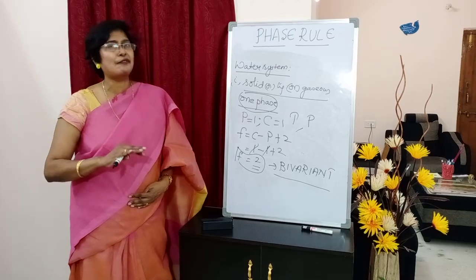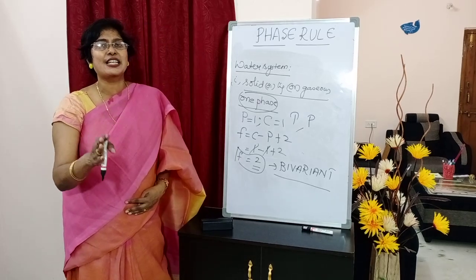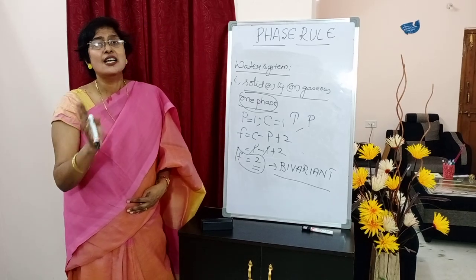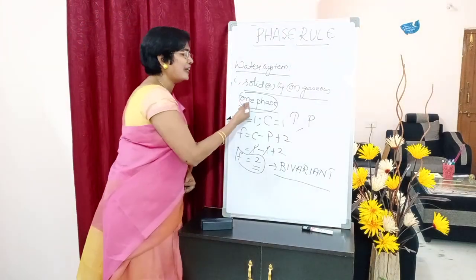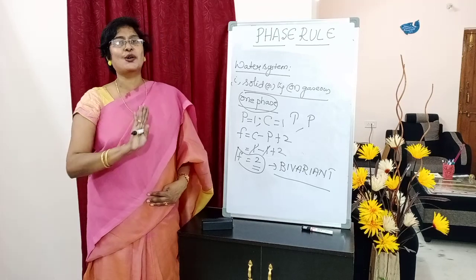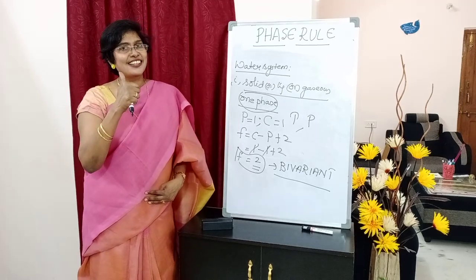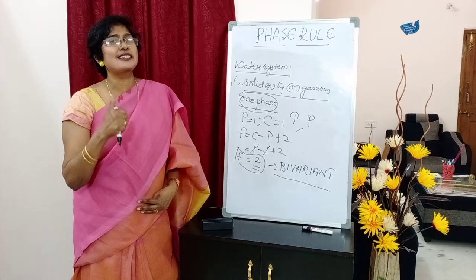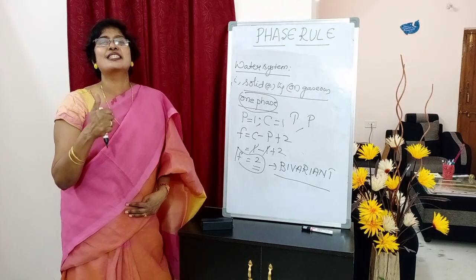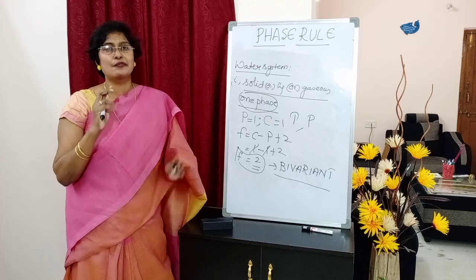No change in that phase. Even if you change temperature, even if you change pressure, both the values of these 2 factors can be changed, this phase exists like that phase only. Understood now? That's the meaning. F is equal to 2. That means the bivariant system which has 2 degrees of freedom.